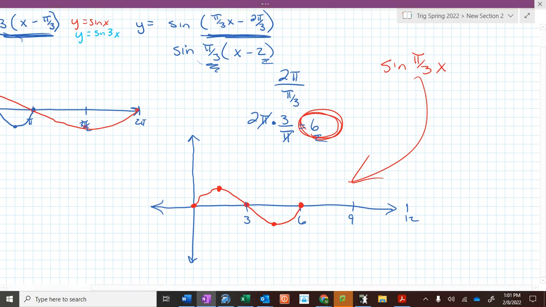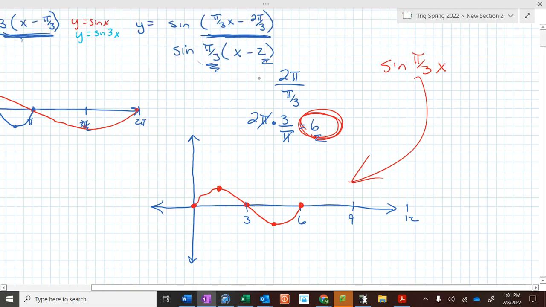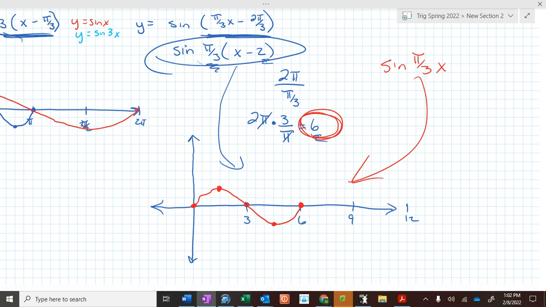Okay? Then the final answer should be this. What's minus 2 do to it? Moves it to the right. How far? 2, which is how many squares? 4 squares to the right, because I made 3 6 squares, so I've made 2 squares for every number.